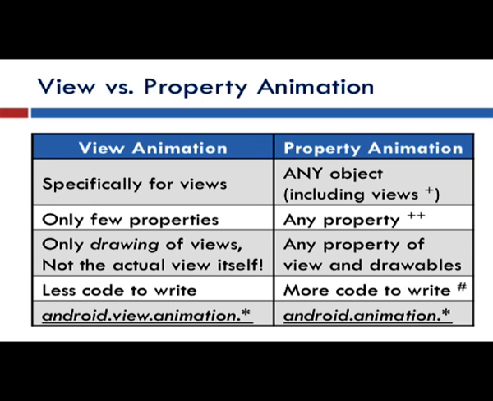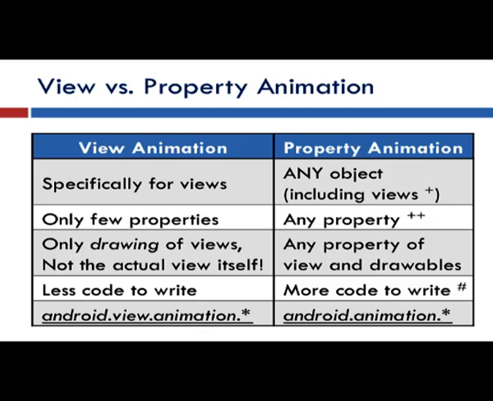Again, in view animation, if you run the demo later, which will be uploaded by Pushpak, only the drawing of views will be animated. For example, he has shown the demo in which a text view was getting translated. However, if you try a button instead of a text view, you will notice that only the drawing of the button gets animated, not the actual button. All the event listeners stay in their own position, so you can't touch the button which is actually translated.